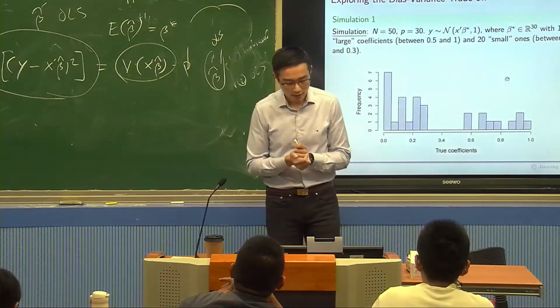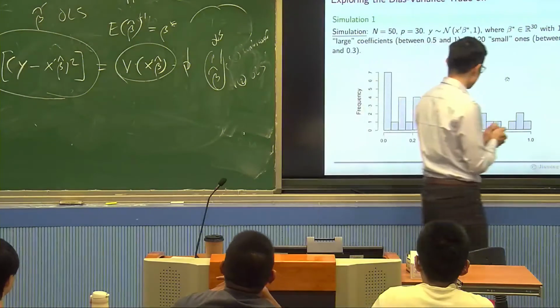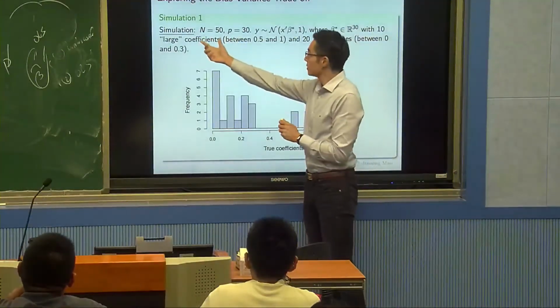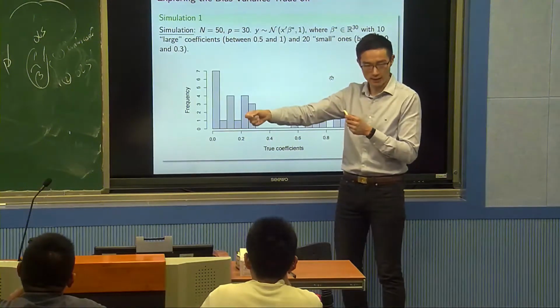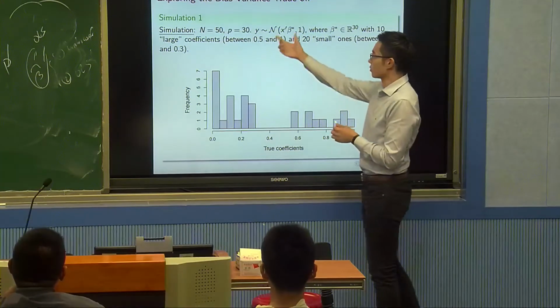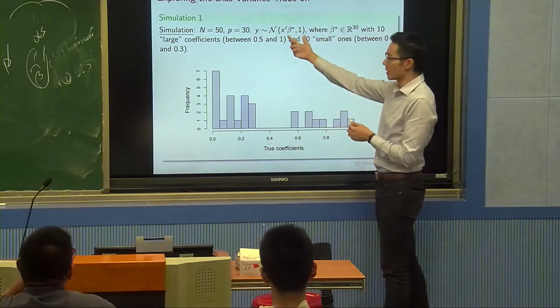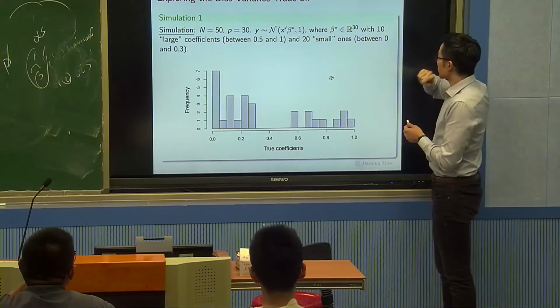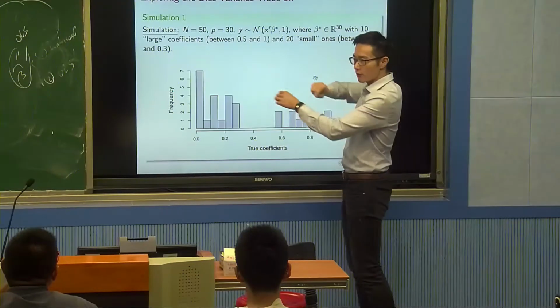Here is an example, a simulation. Suppose we have 50 data points, and a 30-dimensional x, p equal to 30. The true distribution is normal: Y is normal with mean x prime beta star, where beta star is the true beta. There's no intercept.